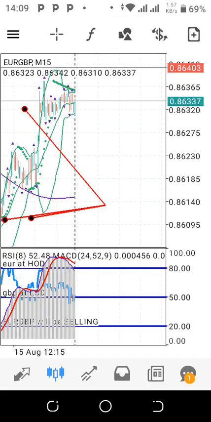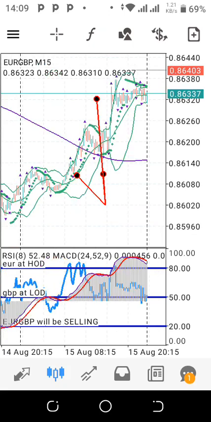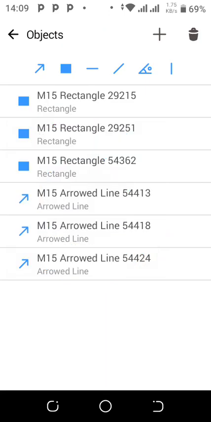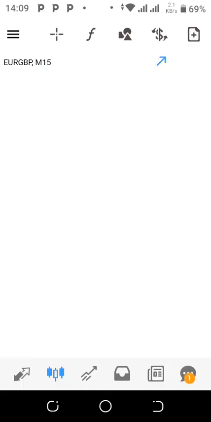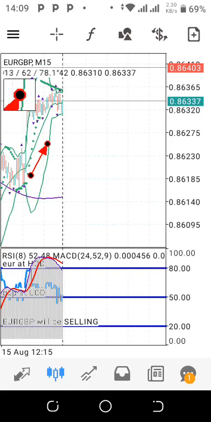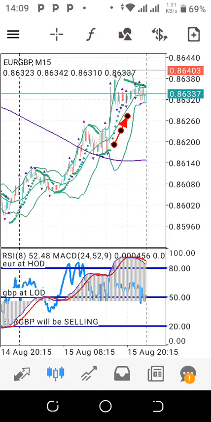You see this thing? This is the first push of the day. The first push of the day. Then after this first push, you'll see another one.